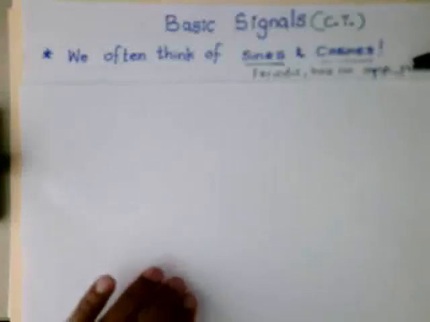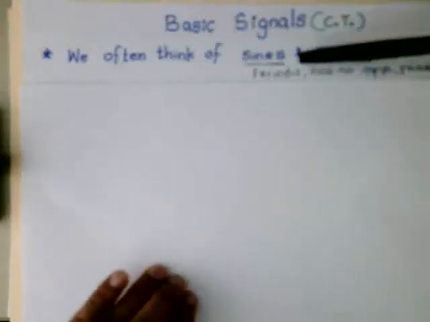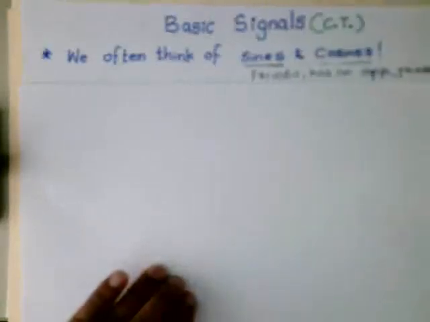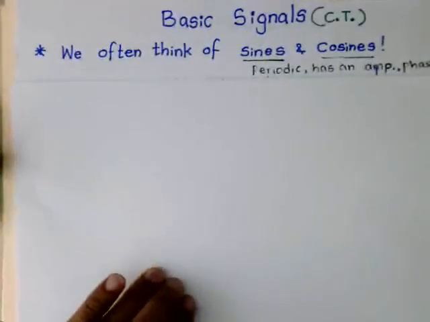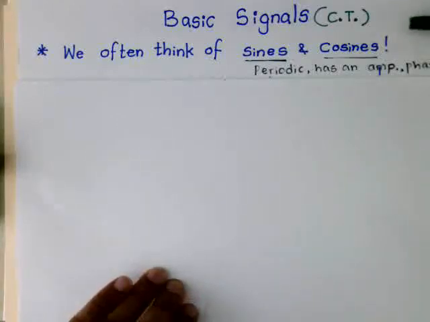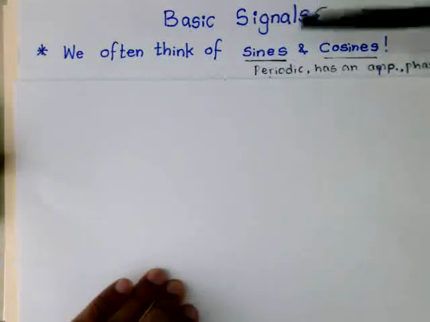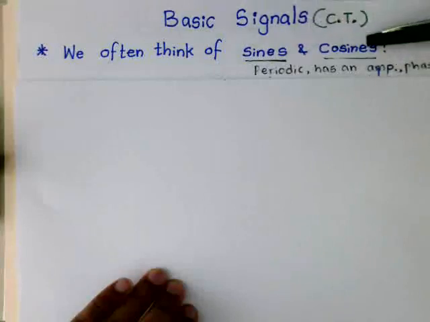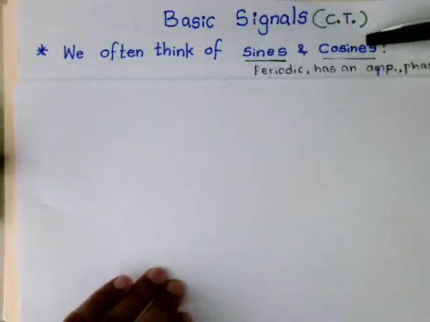They can have a phase depending on what your reference is. They are also periodic signals. What does it mean to be a periodic signal? A periodic signal, as we learned last time, is a signal that repeats at a given interval. I hope you remember that. All right. So we know sines and cosines can be used as basic types of signals.